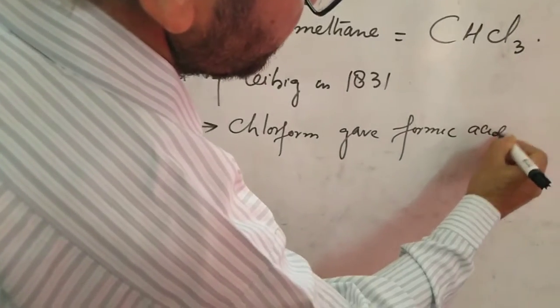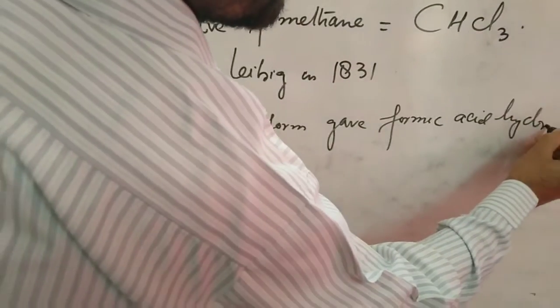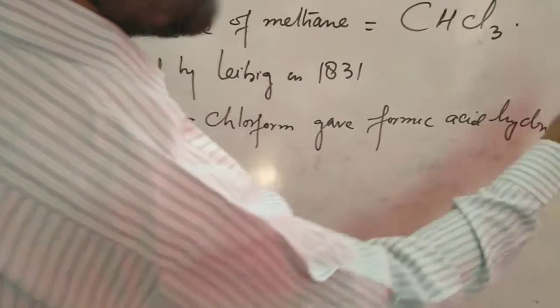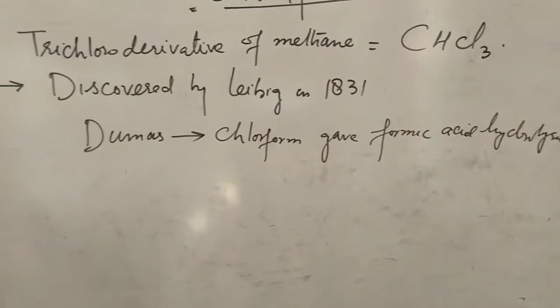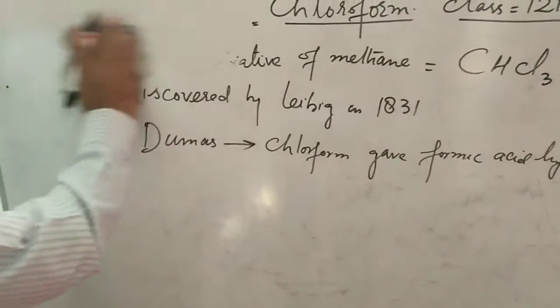So it was named chloroform. How can we prepare this chloroform in the laboratory and on a large scale?